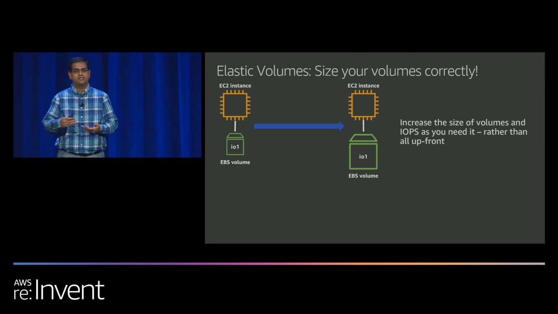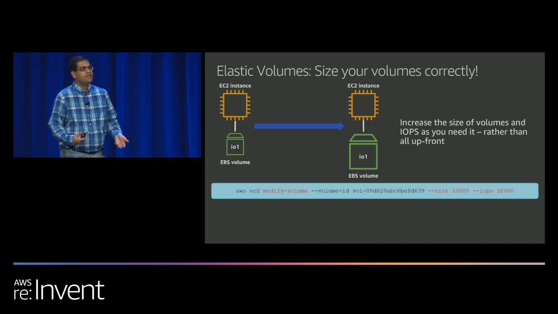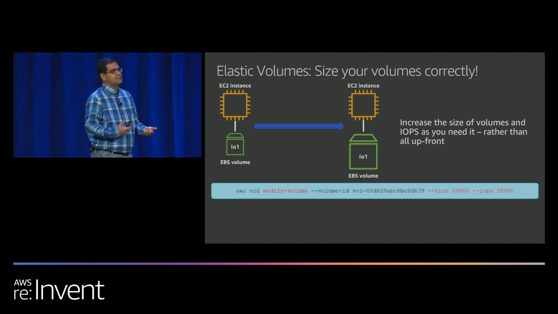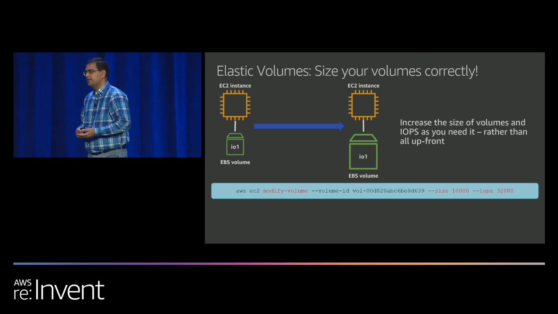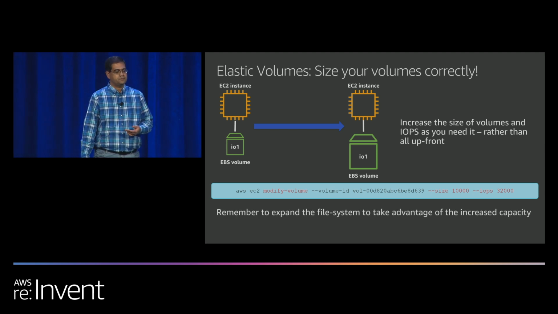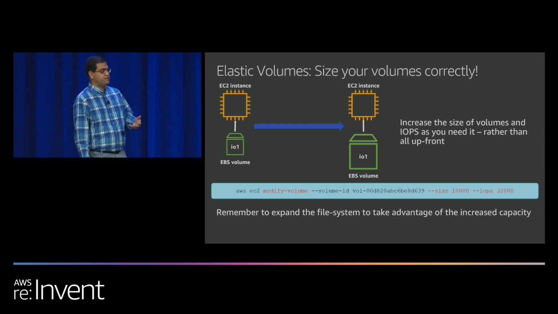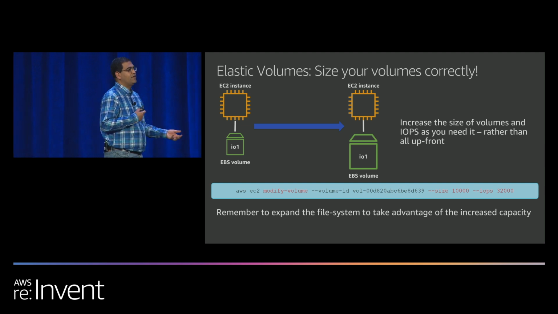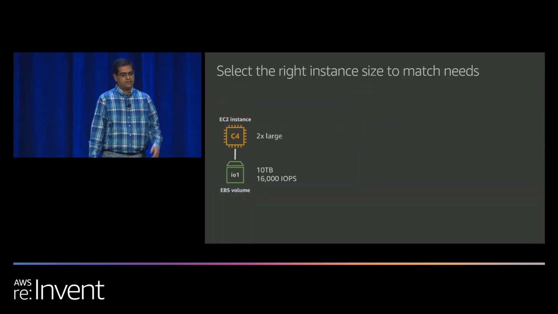That changes your overall cost profile, and making that change is as simple as a single command. You can modify volumes and increase the size and the IOPS as your business needs it. One thing, when you do increase the size, and I see this quite often, is make sure that you expand your file system to take advantage of that new capacity. That's one thing that I interact a lot with customers on.